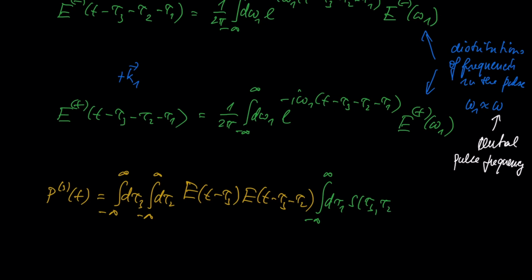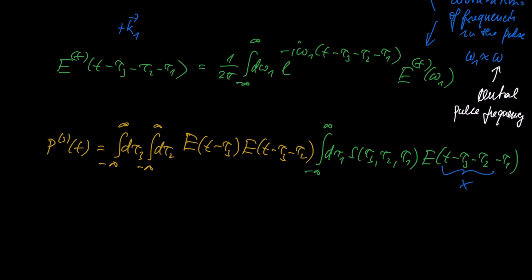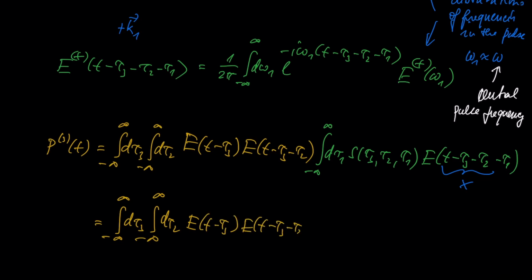S tau 3, S tau 2, S tau 1, e to the power of t minus tau 3 minus tau 2 minus tau 1. So this part we will denote by x, so that we can write that this is equal to, here again, these two integrals, and here we have two convolutions.